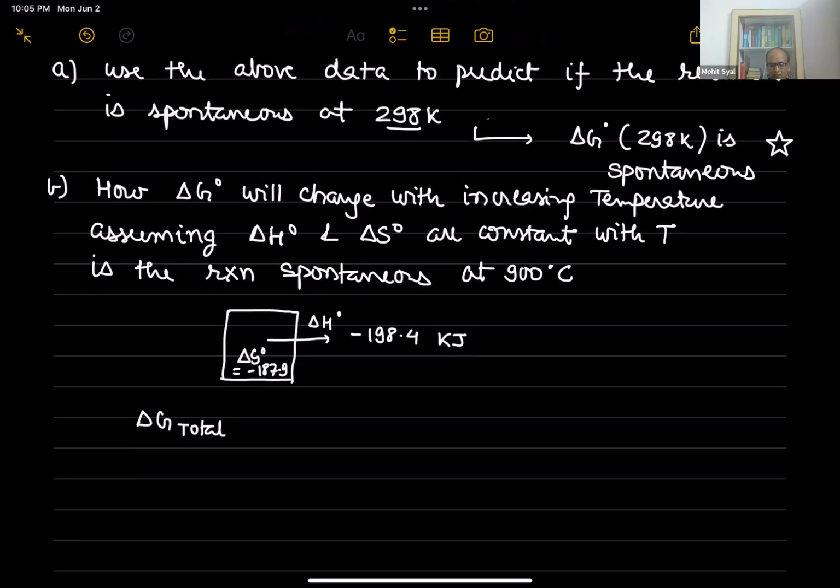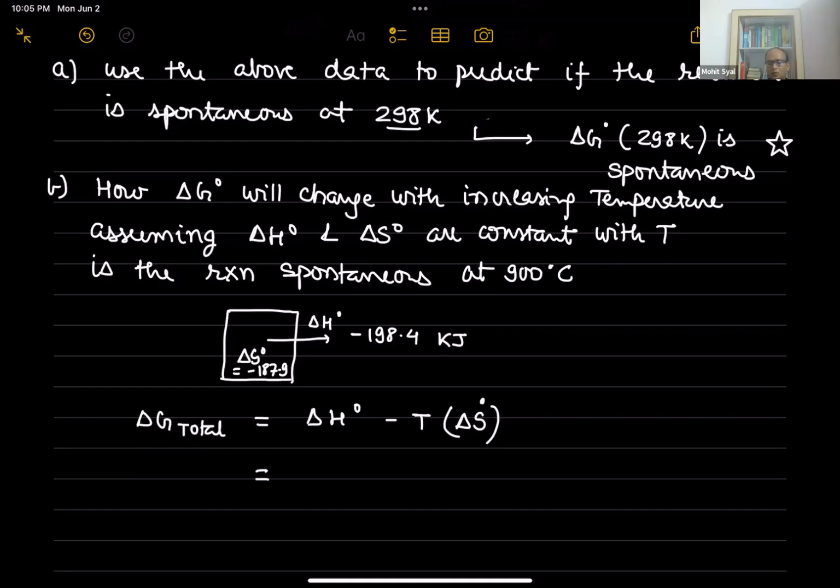Can you tell me? It is equal to delta H minus temperature into delta S. Got it?